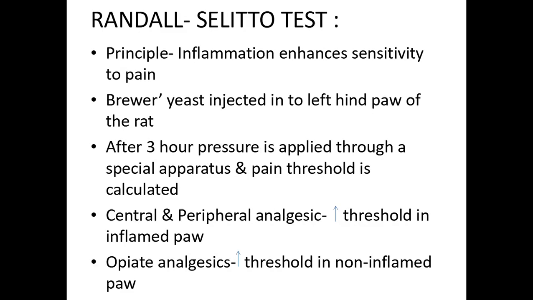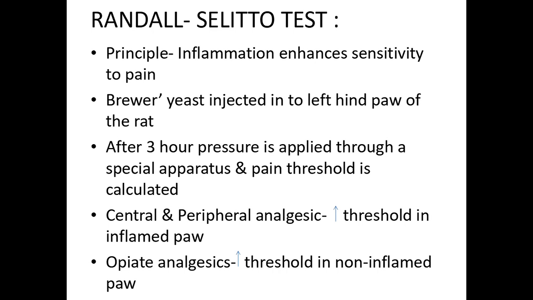Then another one is Randall-Selitto test. The principle is that inflammation enhances sensitivity to pain, and brewer's yeast is injected into the left hind paw of the rat. Then after 3 hours, pressure is applied through a special apparatus and pain threshold is calculated.